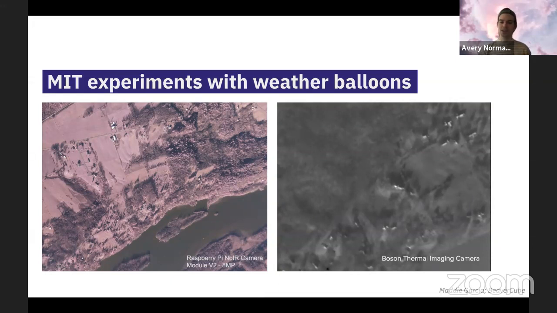So the left is a Raspberry Pi camera, which we actually discussed last time. And you can see that the resolution is fairly high. And then the image on the right is a Boson thermal camera, which is like a $5,000 camera intended for infrared imaging. And the ultimate purpose here was to see which of these tools works better for imaging the ocean surface.